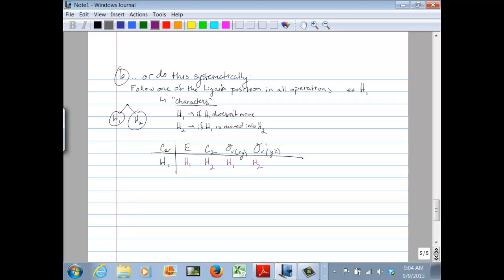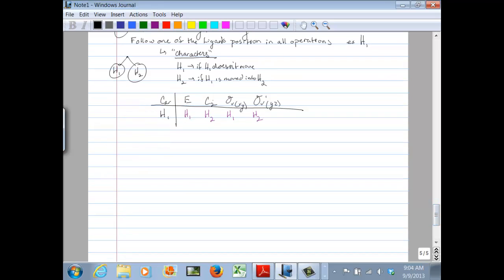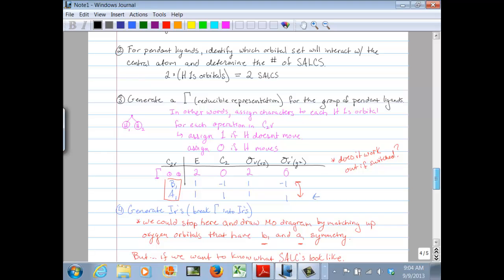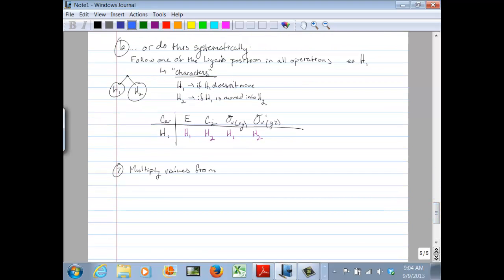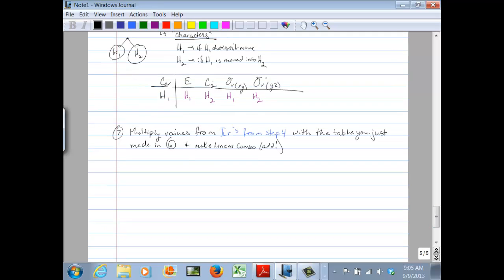Now, what you do here, you take this, now I'm going to call this number 7, and you multiply the values from the two irreducible representations from step 4. I think I wrote that in blue, right? Yeah. So I'm going to multiply the values from the irreducible representation from step 4 with the table you just found above, and then you add them together to make a linear combination. Let me show you. I'm going to redraw my character table down here again.